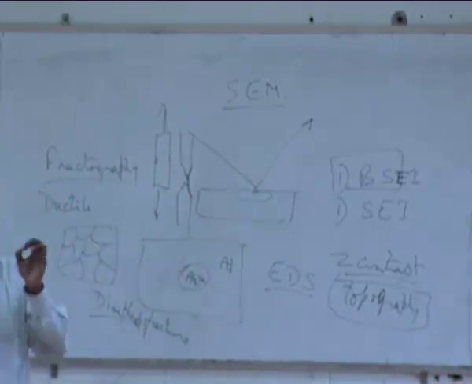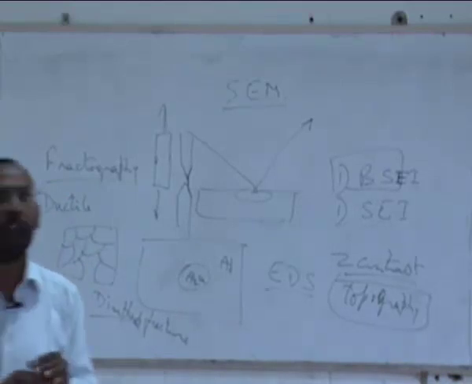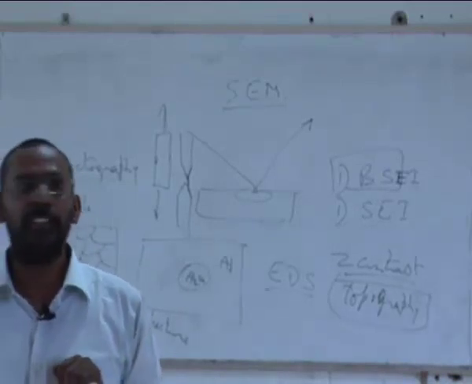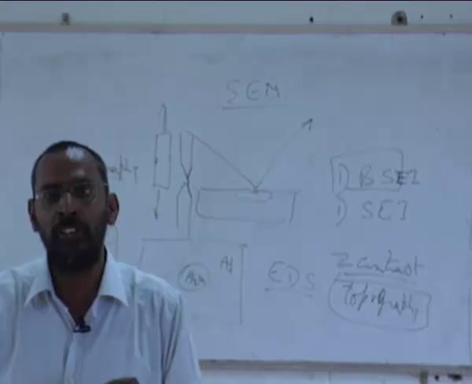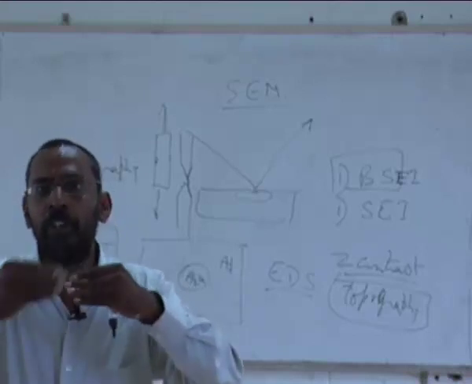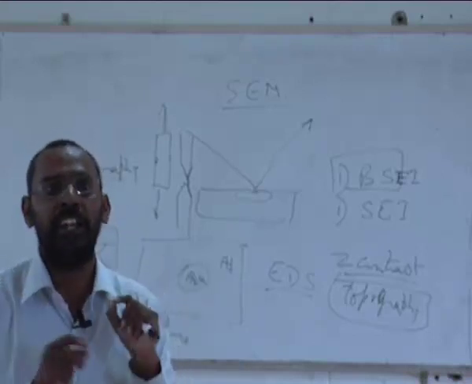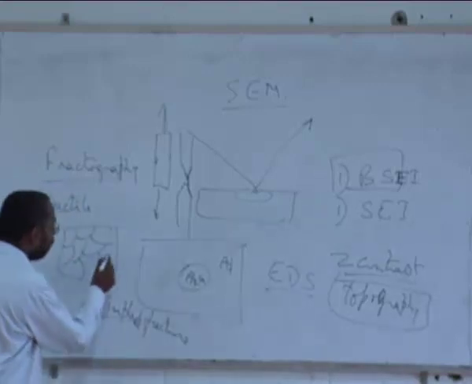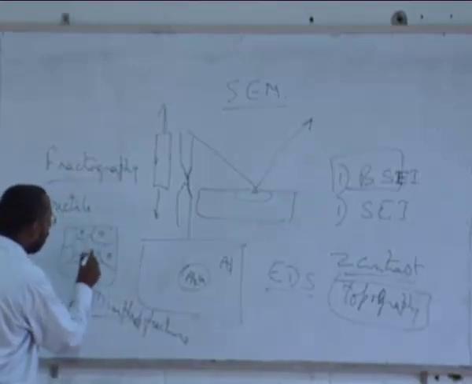And sometimes some of the cracks might have initiated because of the presence of some inclusions inside the material. Many a time, if there are inclusions, the crack can be initiated at the interface between the inclusion and the metal. And you will actually see sometimes certain inclusions sitting inside these dimples.